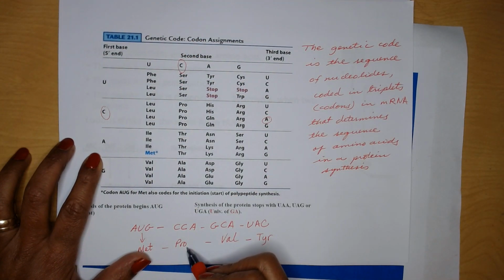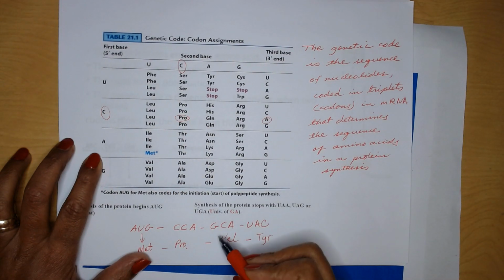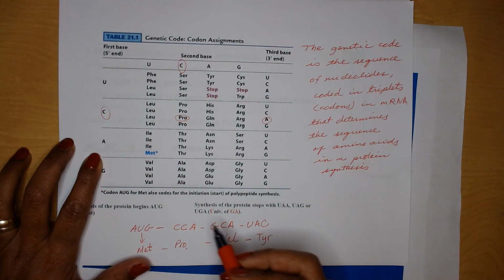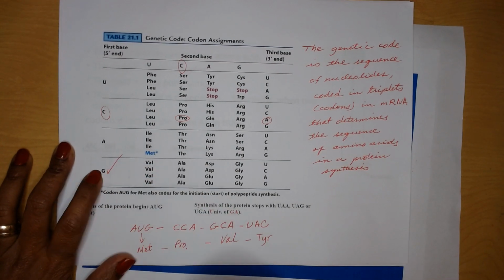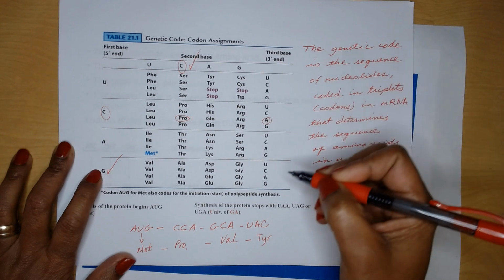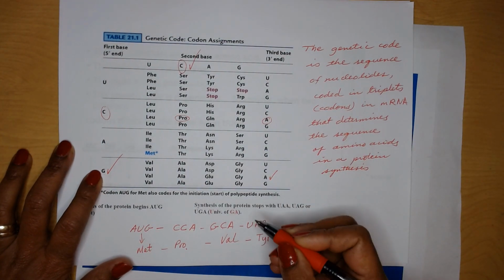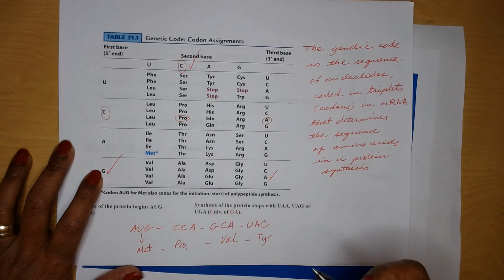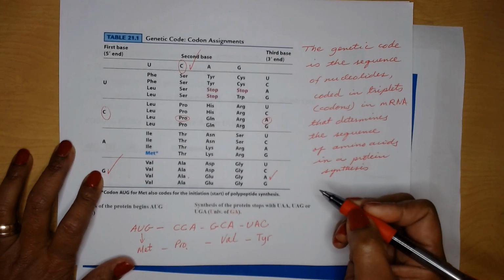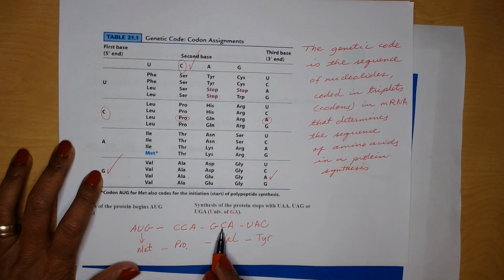CCA is going to codify for proline. GCA is going to codify for alanine. I said valine, but it's not.